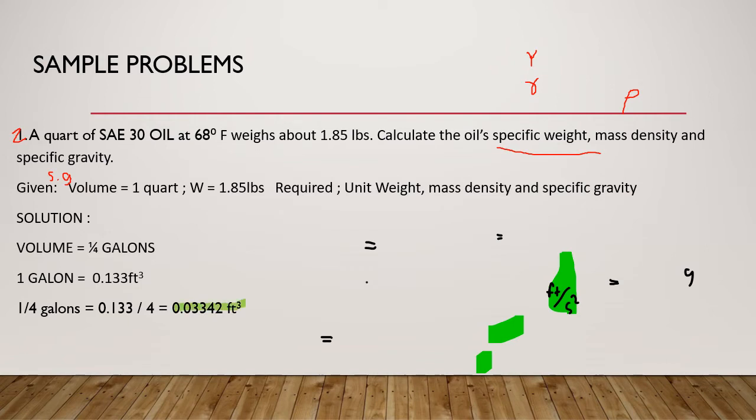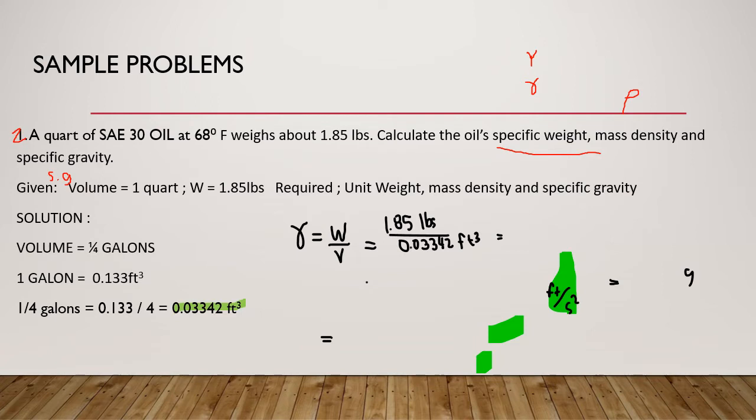So, tuloy natin, gamma is equal to weight over volume, or yung tinatawag natin unit weight is equal to weight over volume. Ang weight natin, 1.85 pounds, given yon, divided by the volume, which is kakasolve lang natin to be 0.03342 cubic feet.